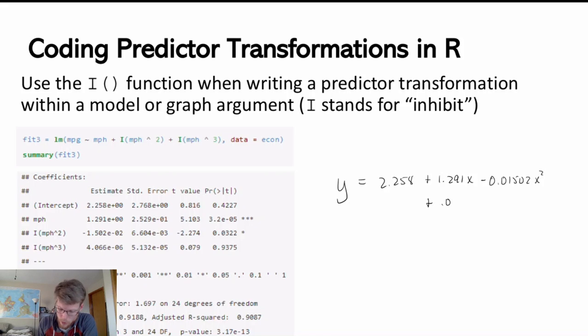Plus 0.0000466 times x cubed, plus an error term for each individual response observation. So we can see how this gets translated. These are our beta coefficients, or at least our beta hat coefficients, for each term in the model. And this seems to be a relatively good fit.